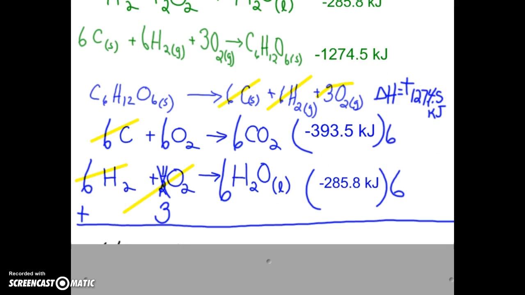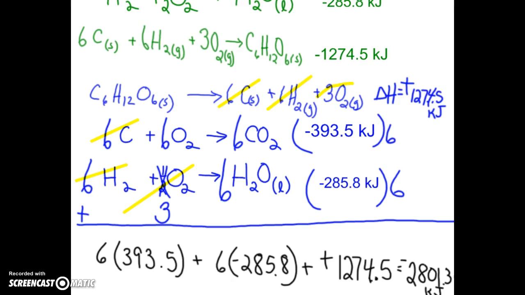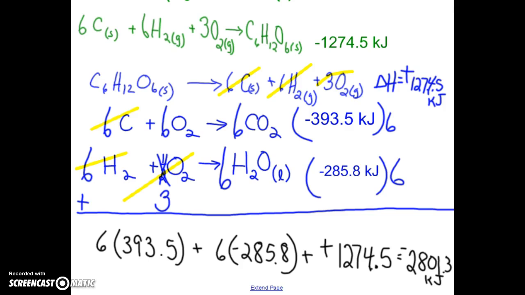And if I add this value up, positive 1,274.5 kilojoules, plus the product of 6 times the 393.5 and 6 times this, you end up with the correct answer, which is the enthalpy of reaction. Coincidentally, it's the same value that we found simply using heats of formation.